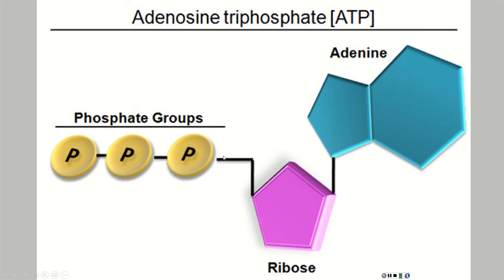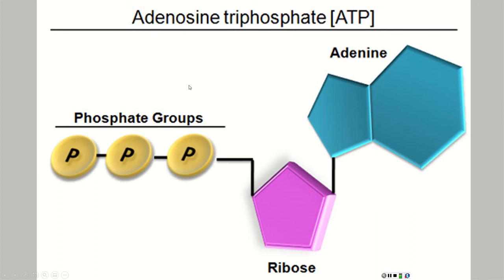If we add a phosphate group onto that, it's called adenosine monophosphate, or AMP. If we add a second phosphate group onto it, it's called adenosine diphosphate, or ADP. And if we add a third phosphate group onto that, it's called adenosine triphosphate, ATP.